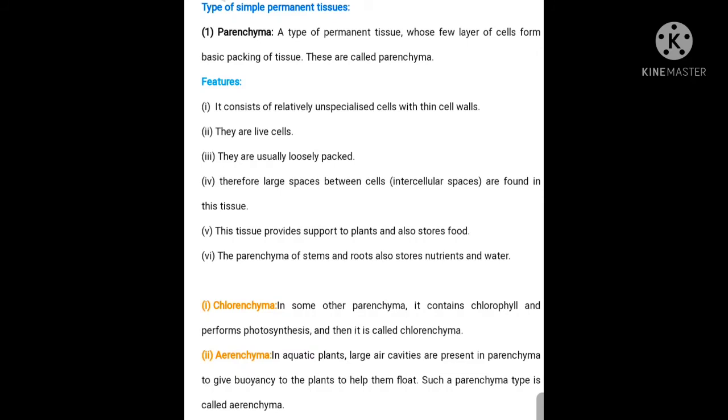In a few situations, like in aquatic plants, large air cavities are present in the parenchyma to help them to float. When they are helping them to float, they are known as aerenchyma. So this was all about the parenchyma.